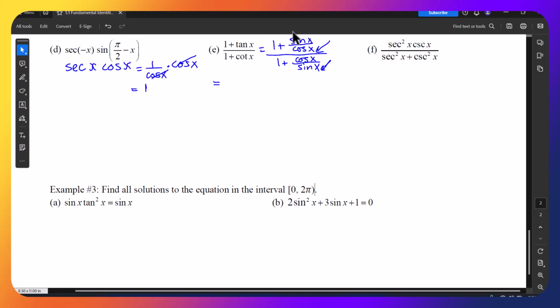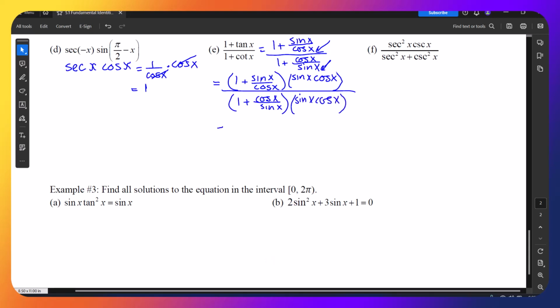Let's see where that takes us. 1 plus sine x over cosine x, this whole quantity is going to be multiplied by sine x cosine x. And then the denominator is going to be 1 plus cosine x divided by sine x, also multiplied by sine x cosine x.